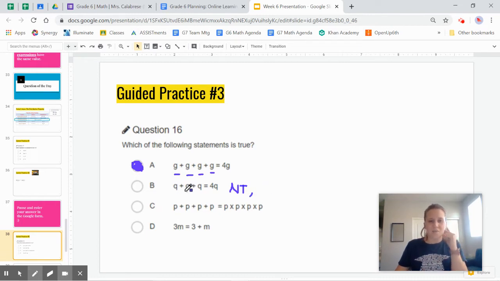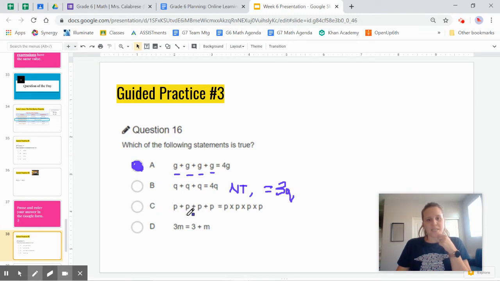This is 3Qs, not 4Qs. So I'm just going to write not true, equals 3Q, not 4Q. How about C? P plus P plus P plus P is equal to P times P times P times P. Is it equivalent to say that P plus itself 4 times is the same as P times itself 4 times?